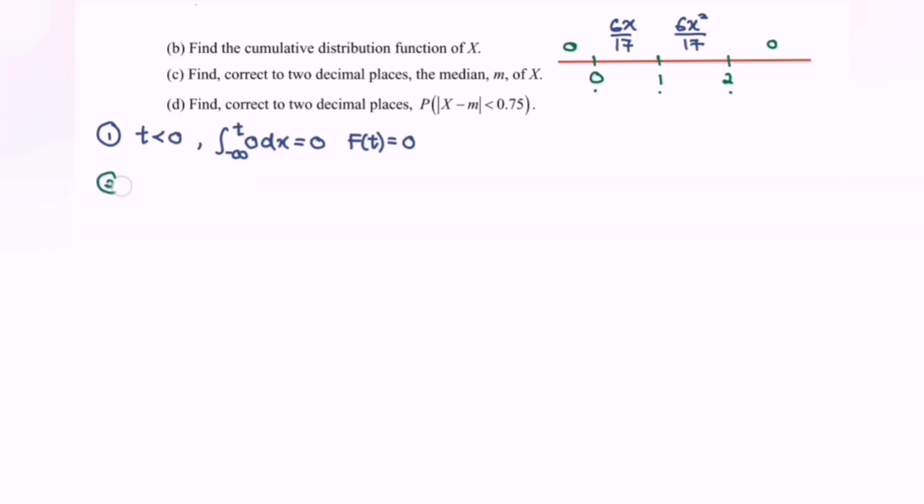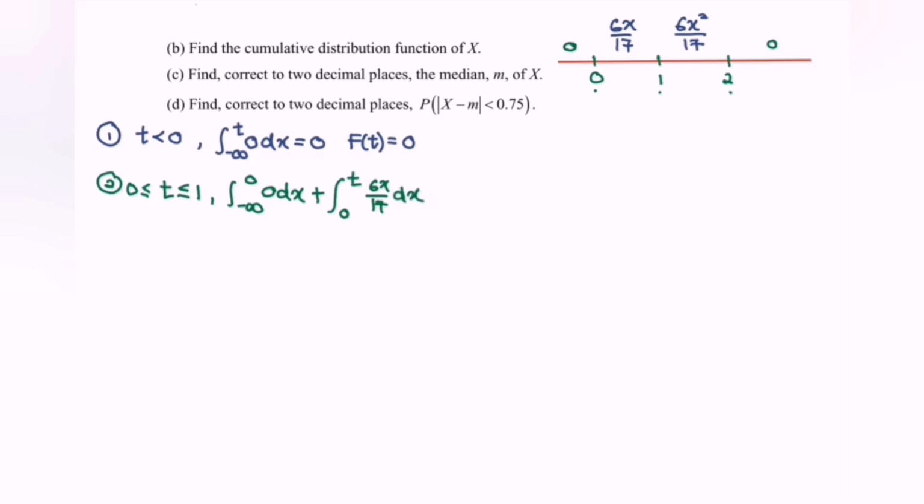For the second one, where we have t greater than or equal to 0 and less than or equal to 1, integrate from negative infinity until 0 for the function 0 dx, plus integrate from 0 until t for the function 6x over 17 with respect to x.